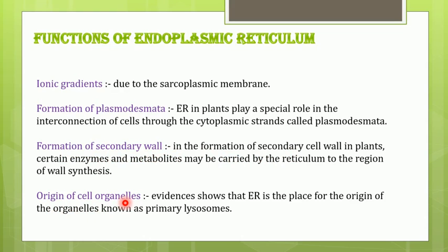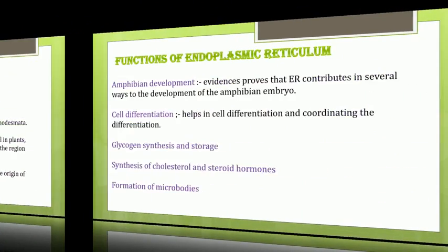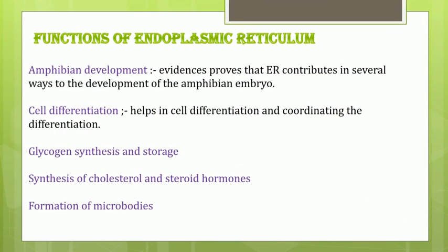Next function of the ER is origin of cell organelles. Now there are evidences which suggest that the endoplasmic reticulum develops certain organelles. That means it produces organelles like lysosomes. So lysosomes are developed from the endoplasmic reticulum. The next function is amphibian development.